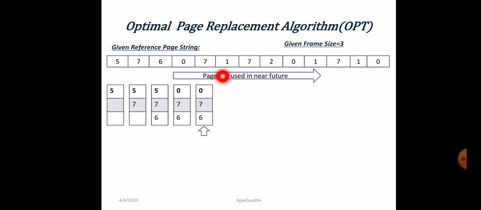Out of 0, 7, 6, 7 is there in the near future, while 0 and 6 are not, so 6 has infinite distance in the right side and will not be used in the future. So 6 is going to be replaced with the new page 1.